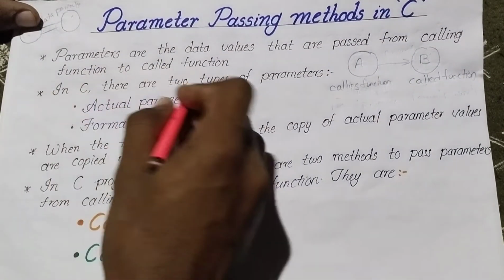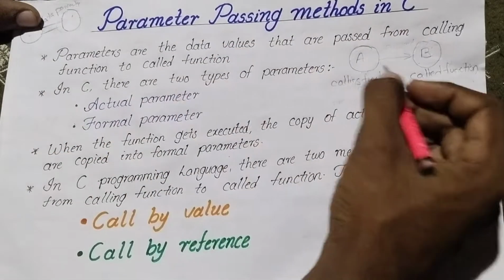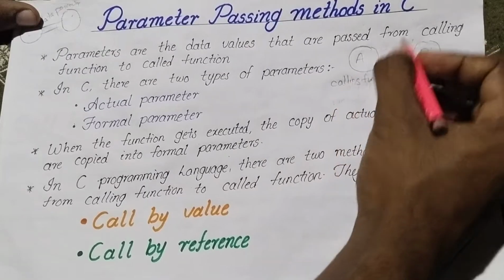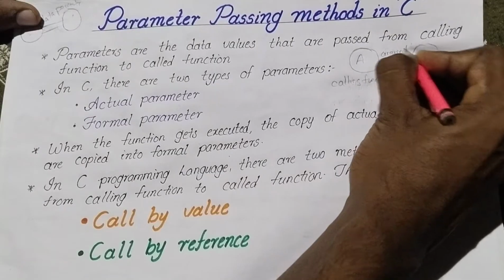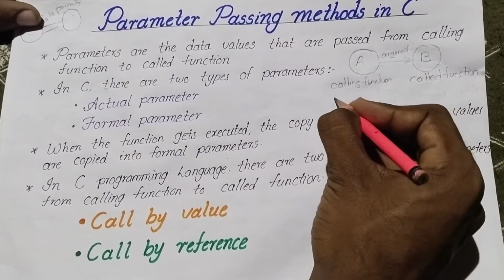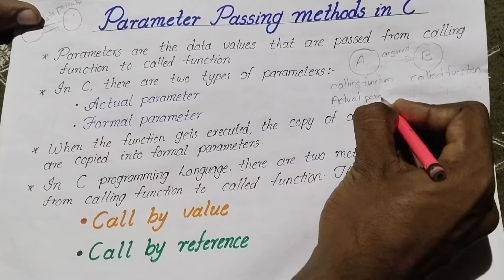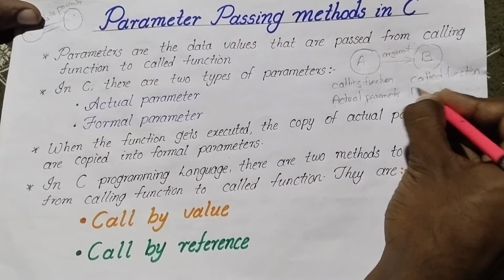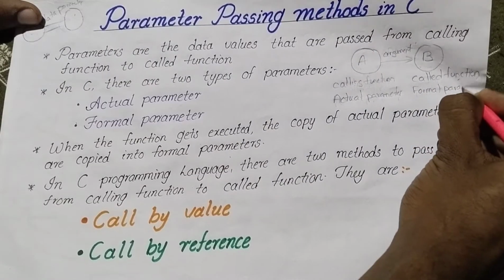In C, there are two types of parameters: actual parameter and formal parameter. When A is sending some actual argument to B, then A is called the actual parameter and B is called the formal parameter.